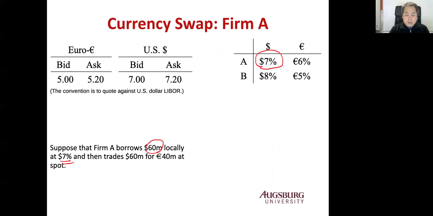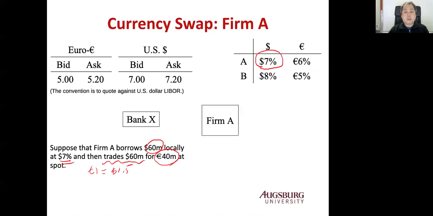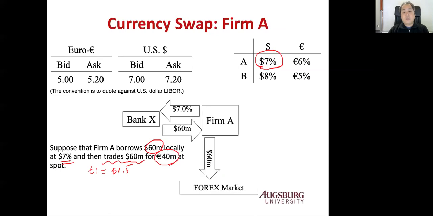And trade this 60 million for 40 million euro at the spot price, because at spot, 1 euro equals $1.50. So basically they pay 7% and receive $60 million. And then in the forex market, they exchange 60 million to 40 million euro.